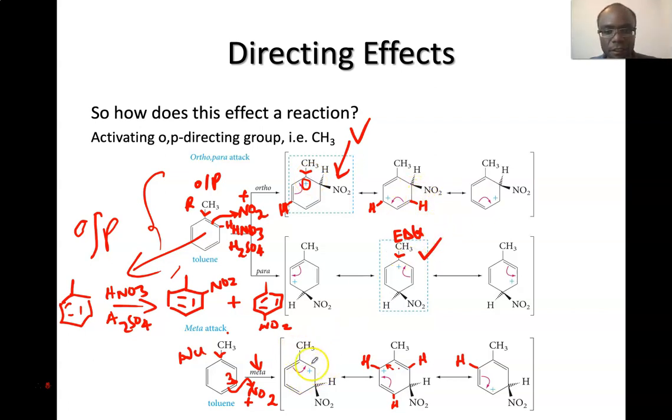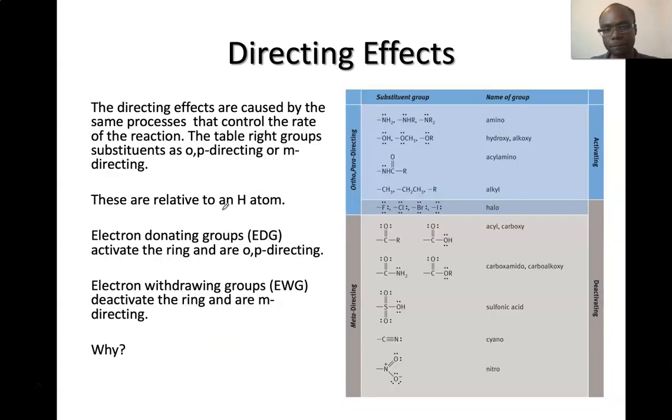Here, the plus signs can never be on the same carbon as the electron donating group, which in this case happens to be the methyl group. So the plus sign is not stabilized. Therefore, the meta product will not be preferred whenever you have electron donating groups like alkyl groups, OH, OR groups, and amines.